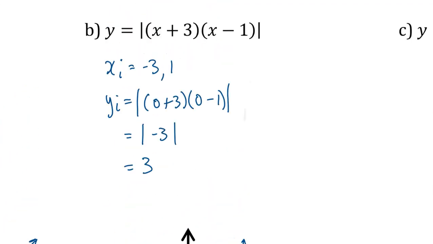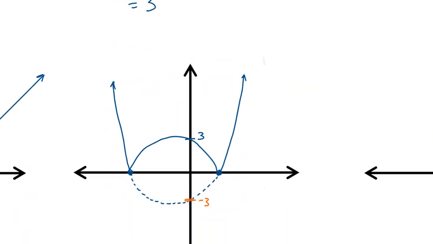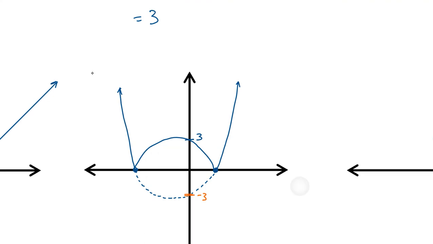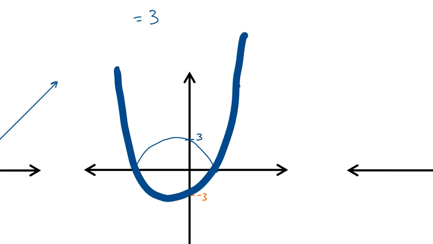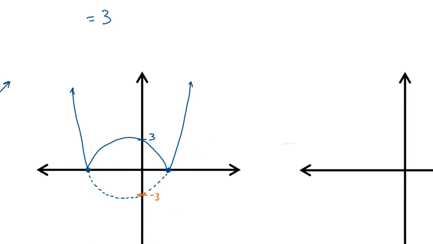So if I ignore the absolute value symbols, this is x squared plus 2x minus 3. It's a quadratic. It's a parabola. So it would look like this. Right? But the strategy for graphing these nicely is as soon as I hit the x-axis, I start doing a dotted line, and then I just try to replicate it with a solid line above, because the solid line is our actual function.